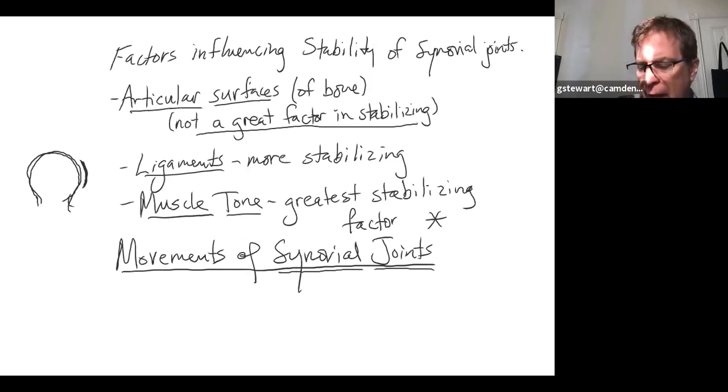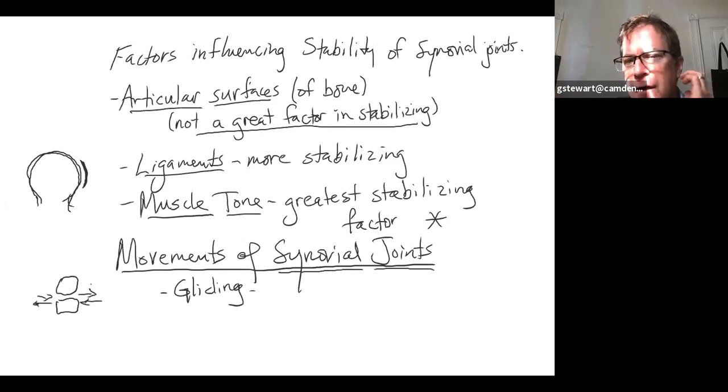So that's just a bit of language. Now I'm going to go through these types of movements. Gliding movements. Just like the name says, it means sort of a back and forth. If I have two bones sitting here, it means back and forth movement across the surface of these two bones, sort of sliding.